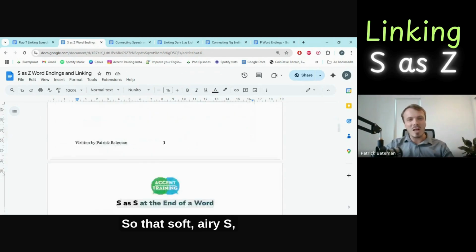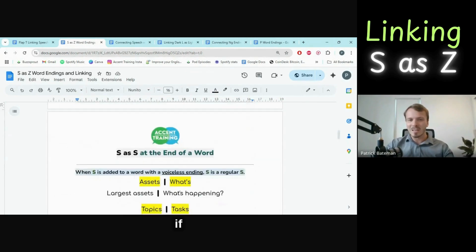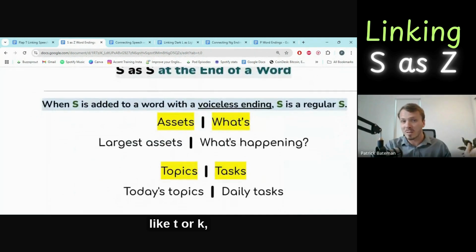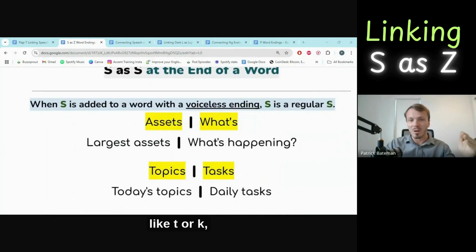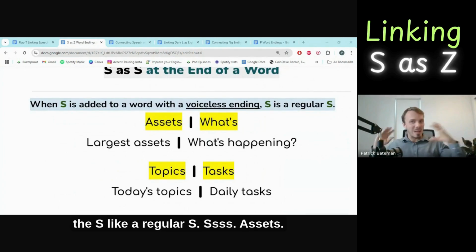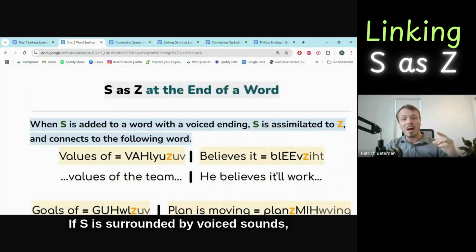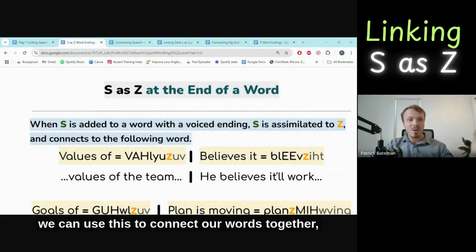So that soft, airy S, if it's around sounds that are also voiceless, like t or k, those are going to keep the S like a regular S. Assets, tasks. If S is surrounded by voiced sounds, we can use this to connect our words together.